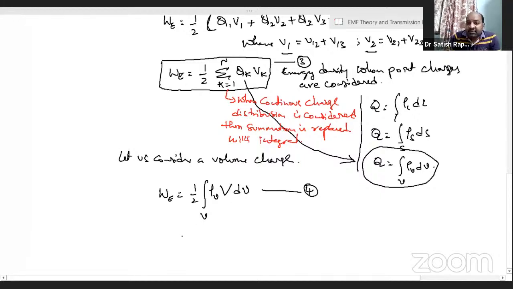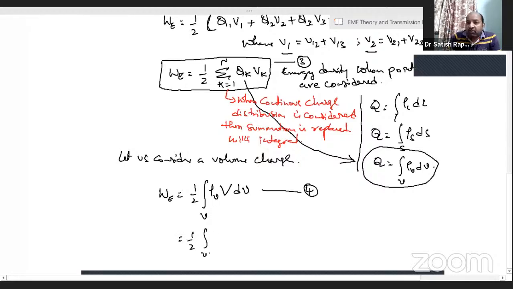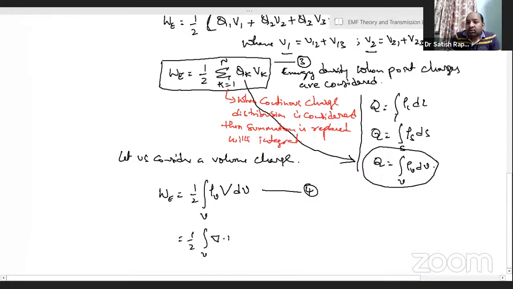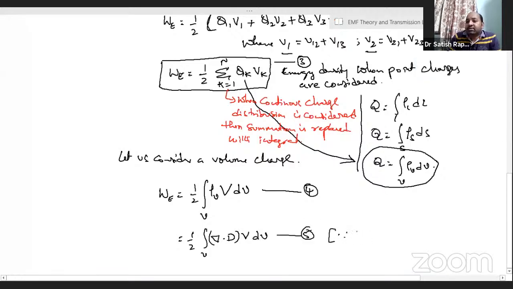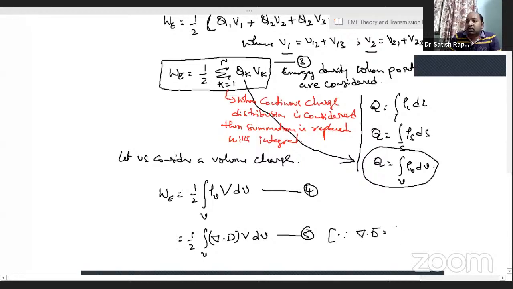And further simplifying, this is equal to half volume integral of del dot D into V dv. Let us say this is equation 4.5, since del dot D is equal to rho_v.